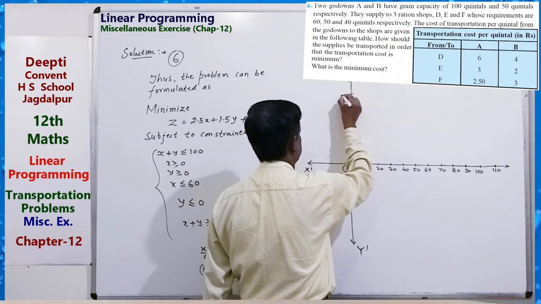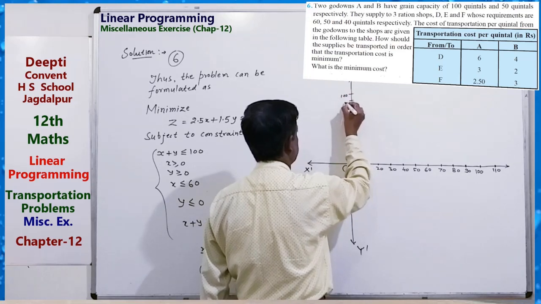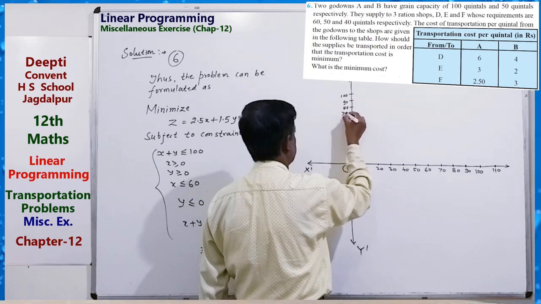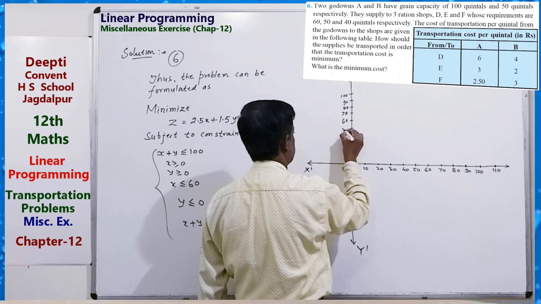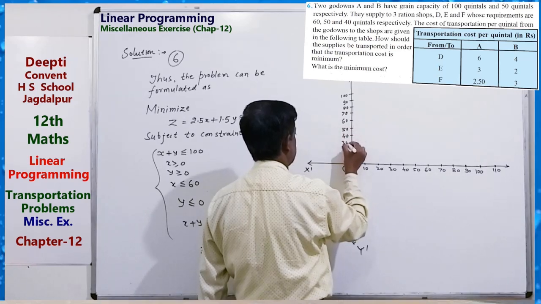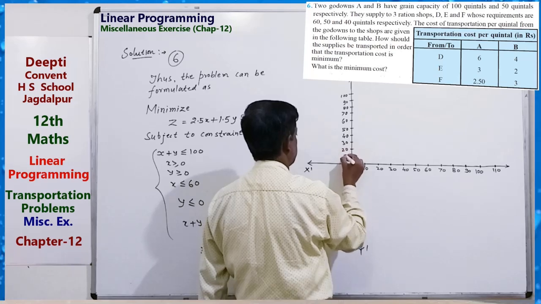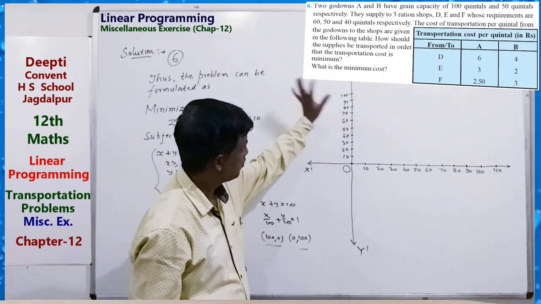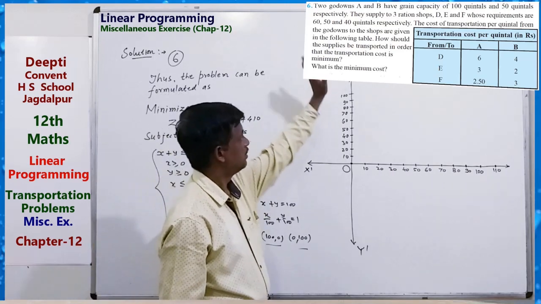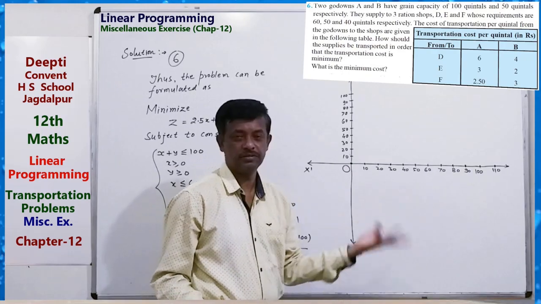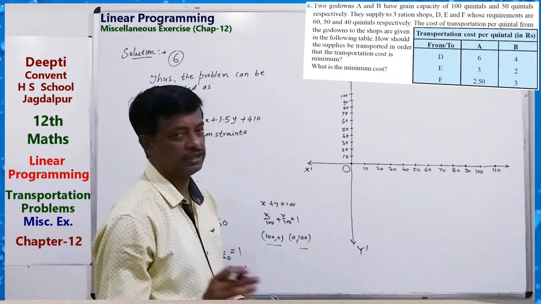This is 100, then 90, 80, 70, 60, 50, 40, 30, 20, 10. Just take a small part because space is required. You can draw this line here also.